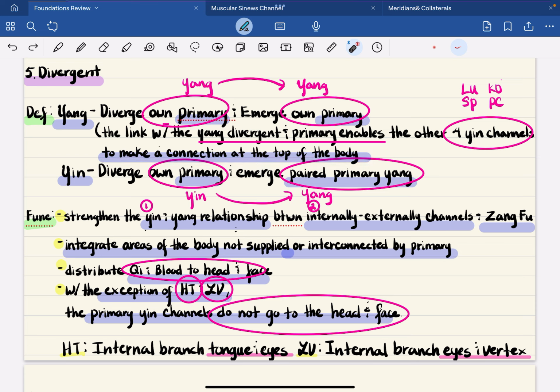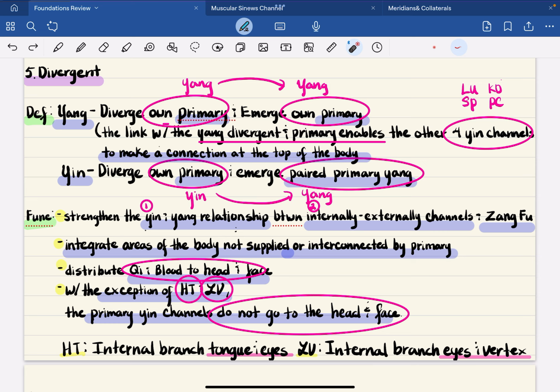So what this means is, I say this as if the four yins, the lung, kidney, spleen, and PC, happen to ride on a turtle, which is the yang, and it carries the four of them and transports them to the top of the body, because yin is usually associated with being at the bottom.